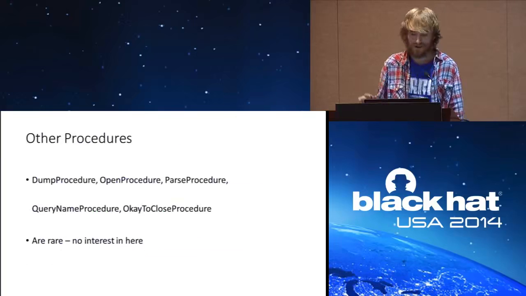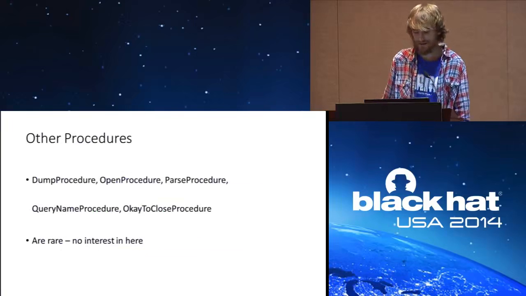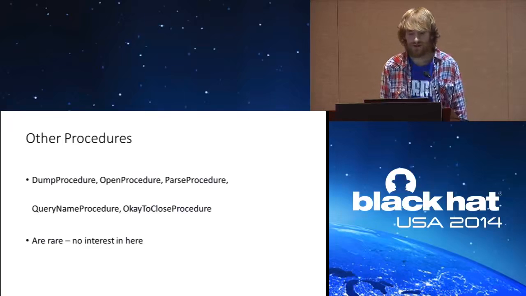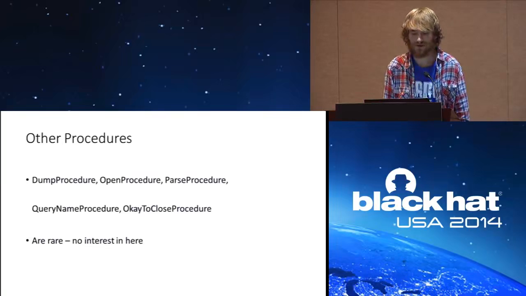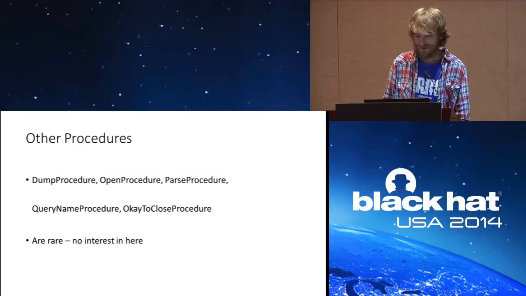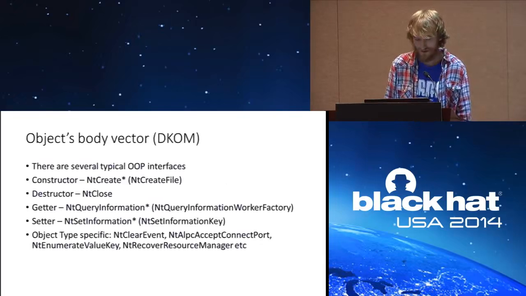There are also 7 of them, plus close, secure, delete, so 8 in the end. But unfortunately, not a lot of object types contain initialized function pointers like these, so there is not a lot of interest in here.